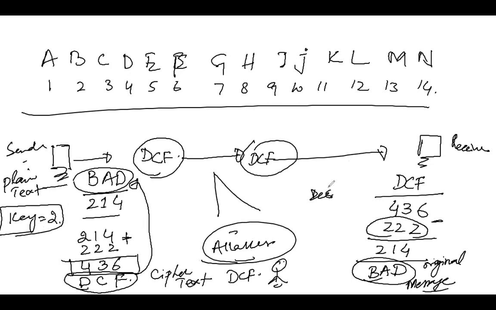This is the decryption process, and this process is called the encryption process. And I hope now you would be able to understand what we studied here in this slide.